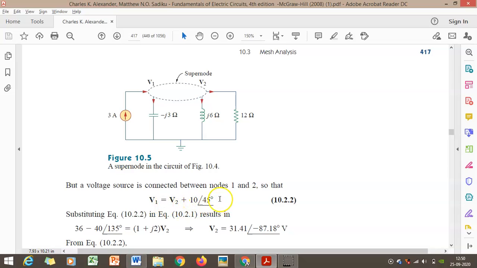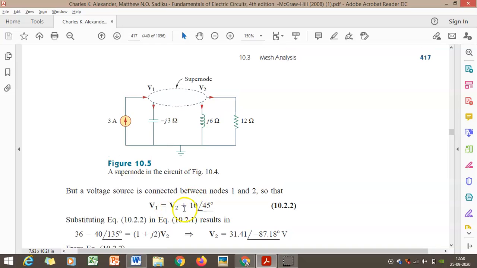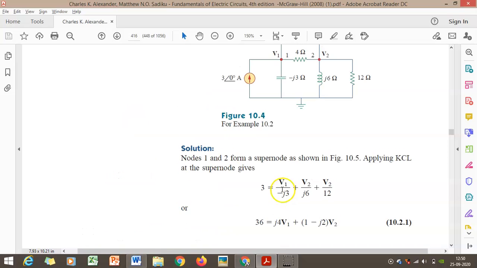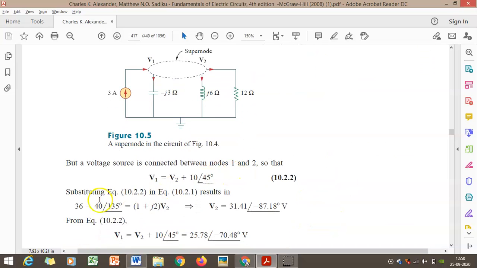That is the other step. Solving this, we have the equation V1 equals V2 plus 10 angle 45. Now we have V1 in terms of V2. So substitute this V1 equals V2 plus 10 angle 45 in the above equation. Now solving, we will get this.